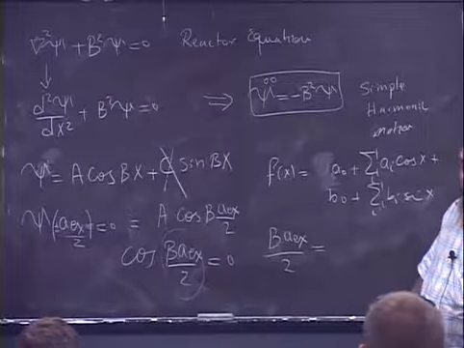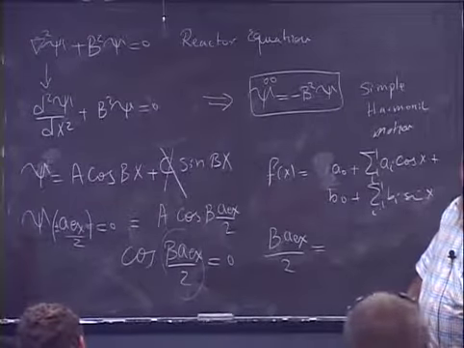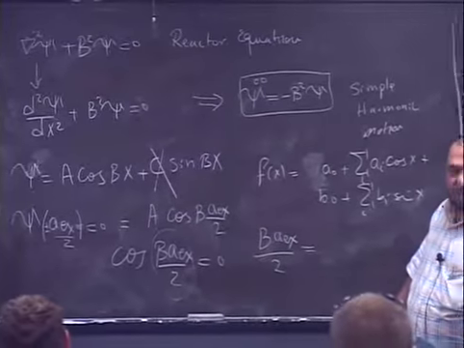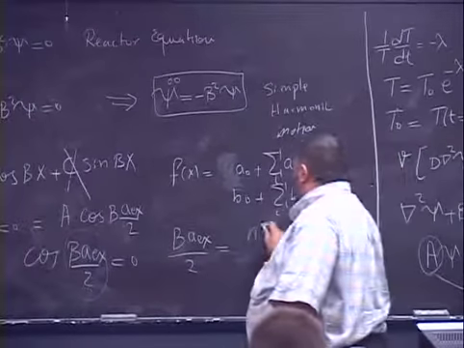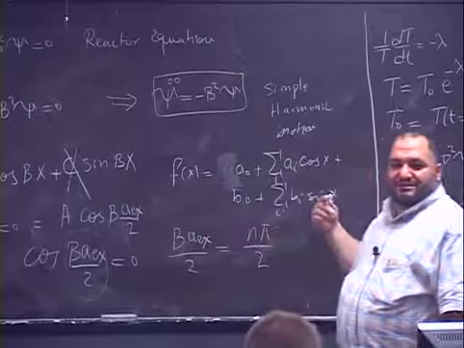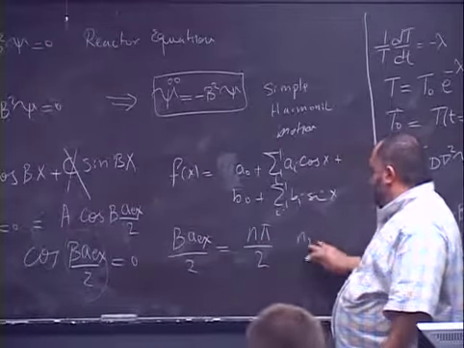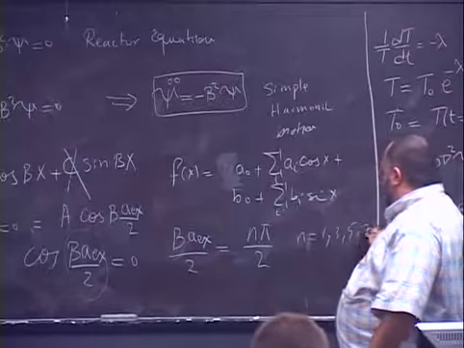Because if you have 2 pi over 2, this will give you pi, and cosine pi is not 0. So you have to have an odd multiple of pi over 2. So this will give me n pi over 2, and I will restrict n to be odd, 1, 3, 5, 7, and so on.